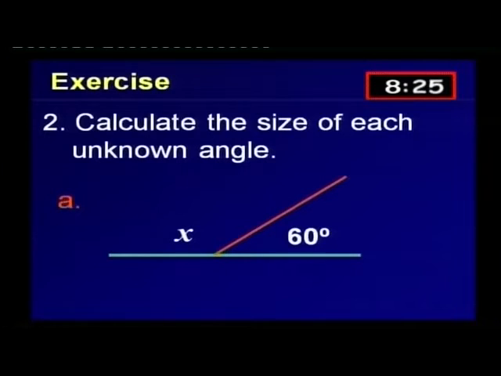Okay, 60 degrees. What will be this angle? Okay, receiving students? Please copy it down, copy that one down first, and then I'll move on to the last exercise, B.